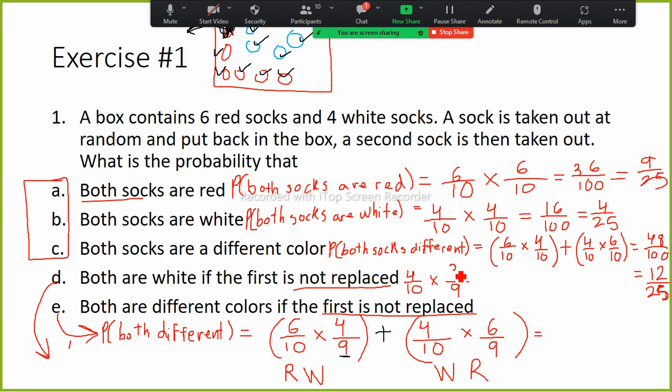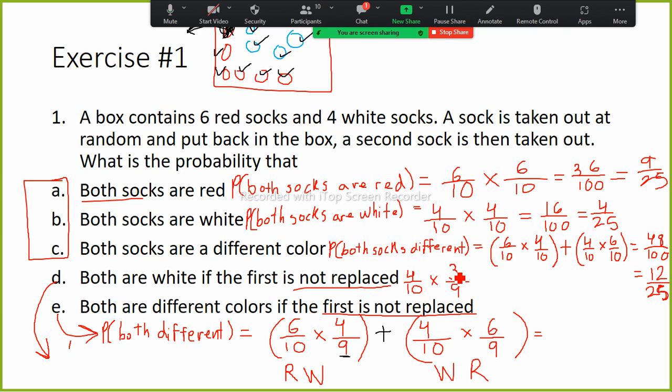So it's going to be 3/9. All right, so both are white if the first is not replaced. So the first time we take out a sock, it is going to be 4/10, multiplied by 3 over 9.